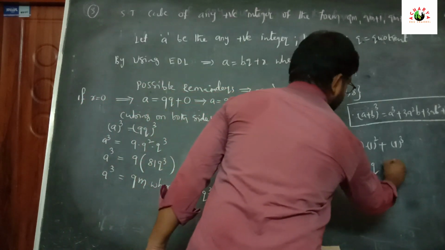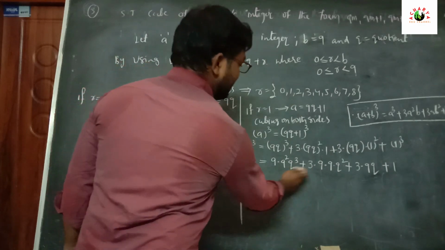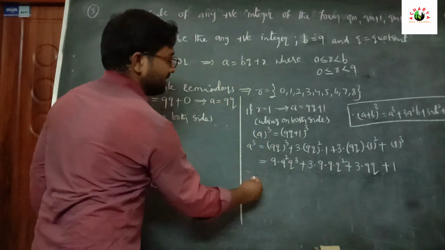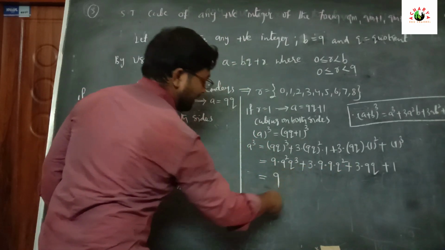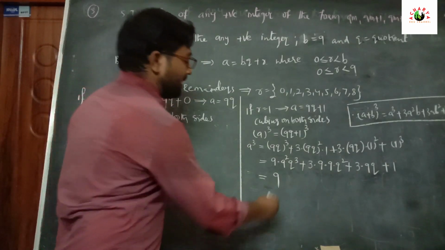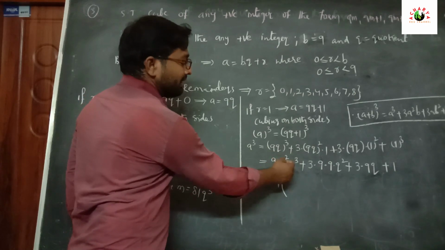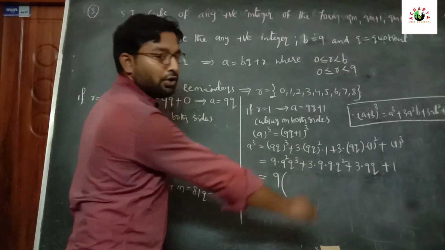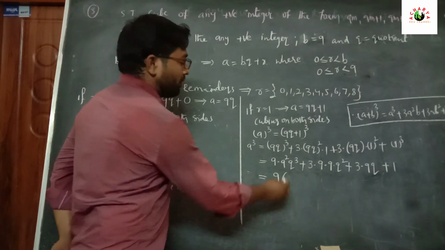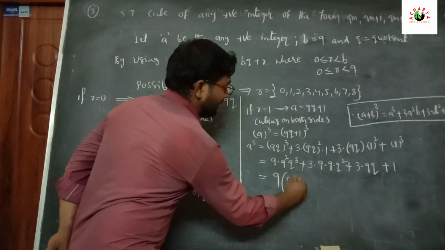So in these three terms, we can take the common 9. If you take 9 common in the first term, the remaining terms are 9 square and q cube. 9 square value is 81, and q cube.